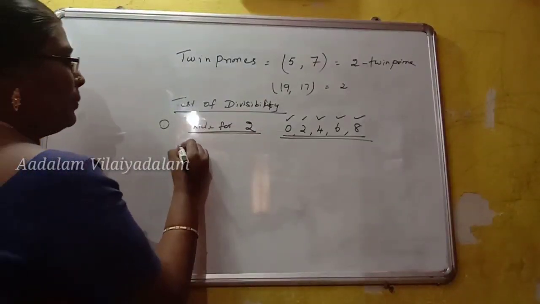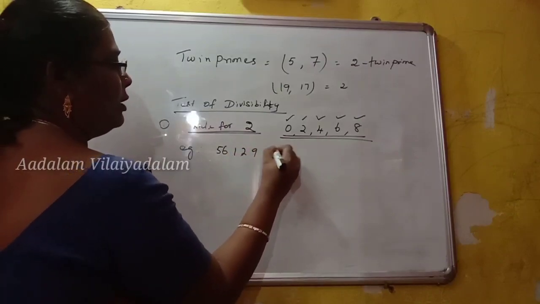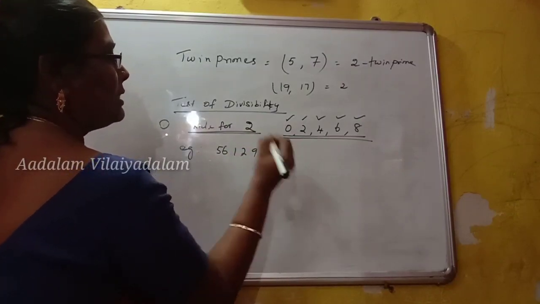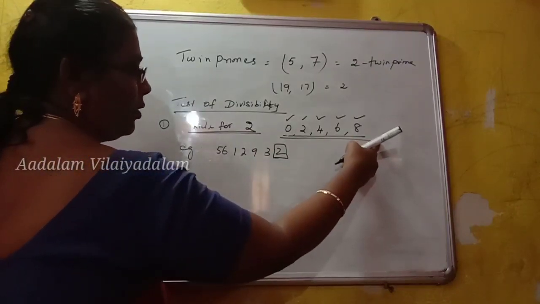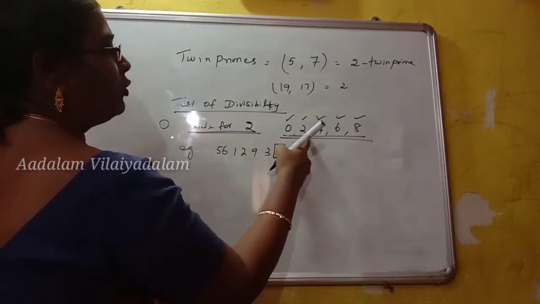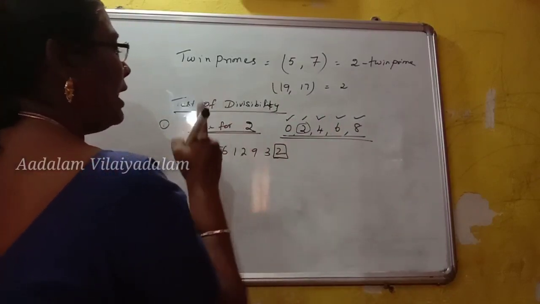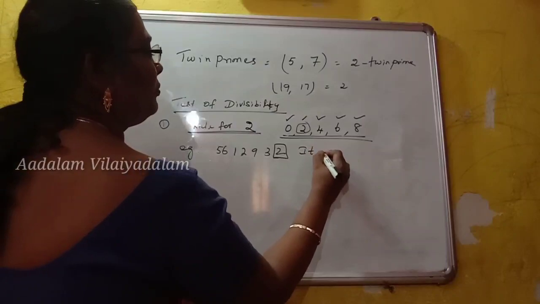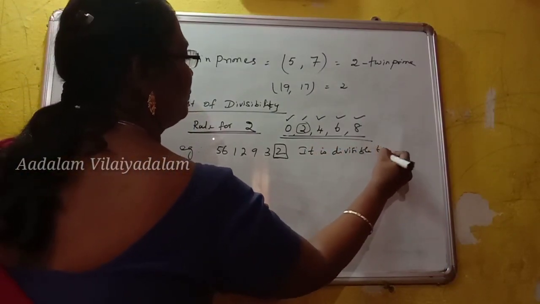For example, 5612932. If you see the last digit, it is 2, which is in this list 0, 2, 4, 6, 8. So it is divisible by 2.